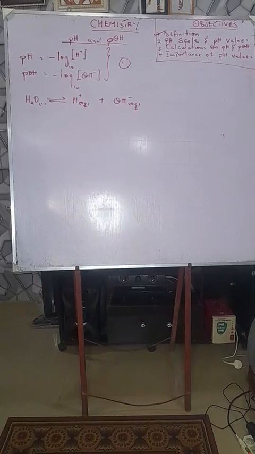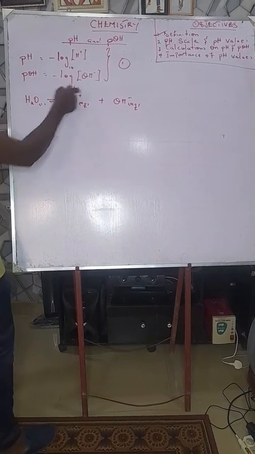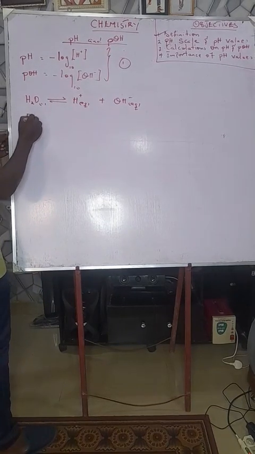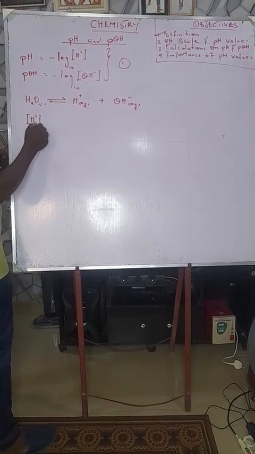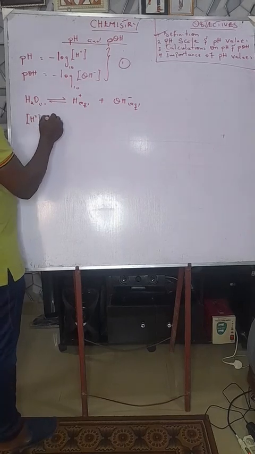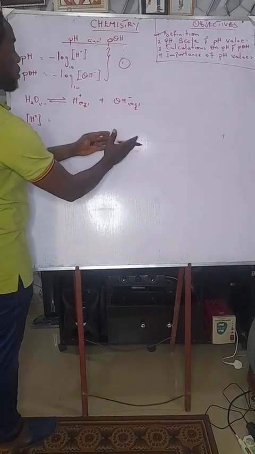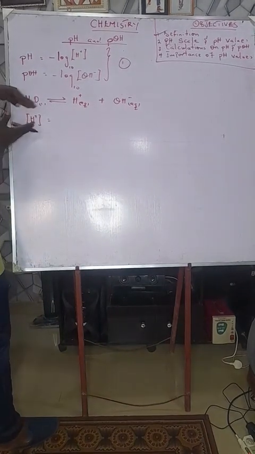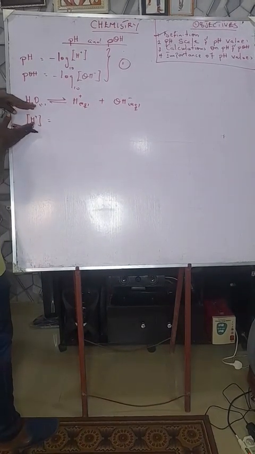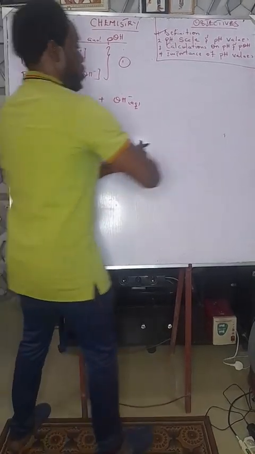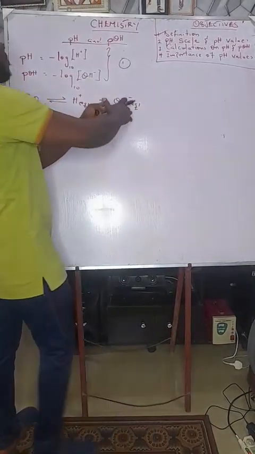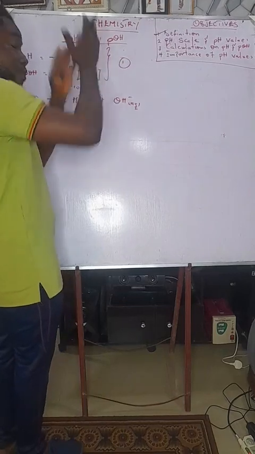Now, I want you to understand that the hydrogen ion concentration is the same when you check your pH scale. From 0 to 7 is acidic. That is where you have your hydrogen ion concentration. Then 7 to 14 is basic. 7 itself is neutral.